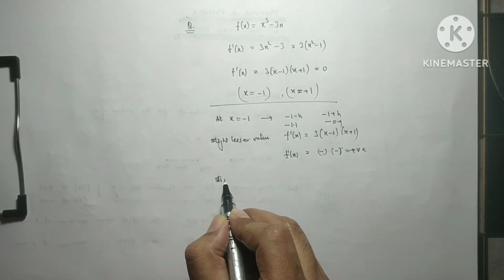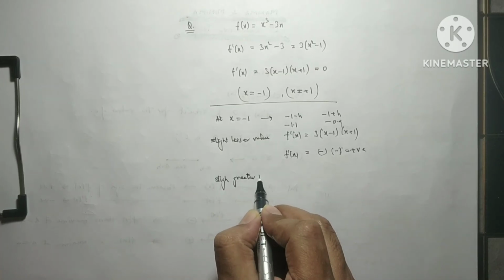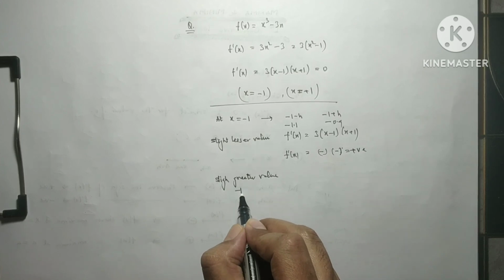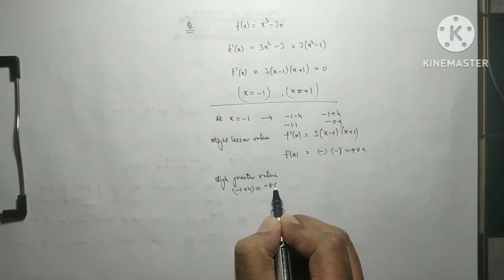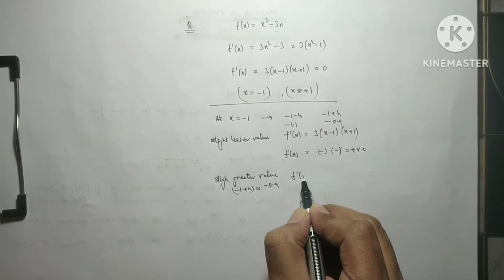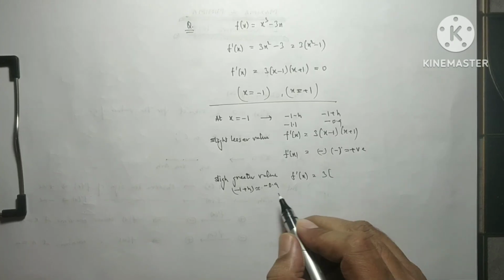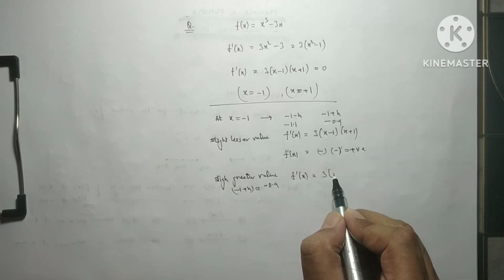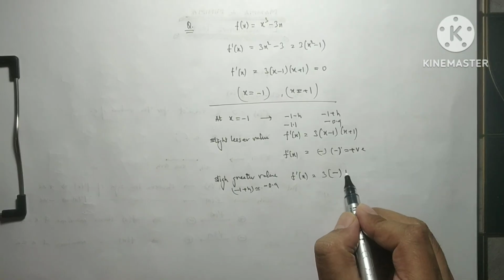On the slightly greater value, like minus 1 plus h, or you can say nearer to minus 0.9, in f dash x, f dash x will be 3 times this, which is minus 0.9 minus 1, so you get negative, and when you put it in the other factor you get positive.